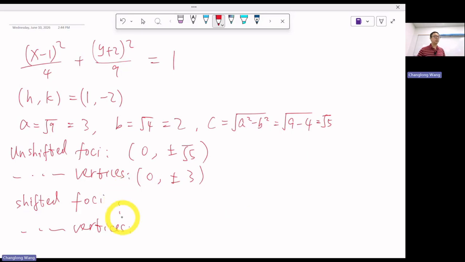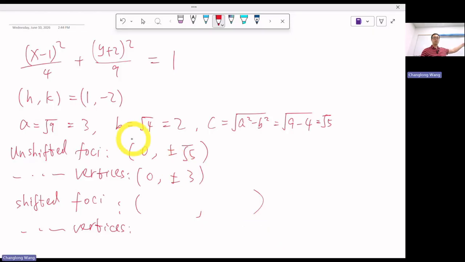But shifted foci. Can you guys figure it out? The shifted foci based on an unshifted one? We're shifting to the right by 1, shifting down by 2. What do you think will be the x-coordinate of the foci after the shift? Shifting to the right by 1.